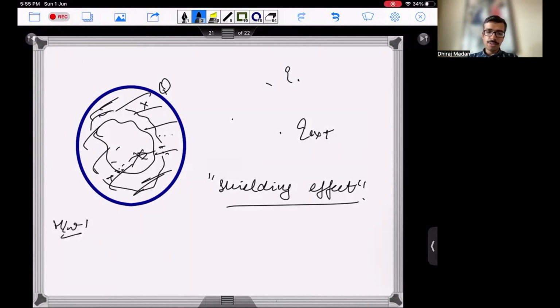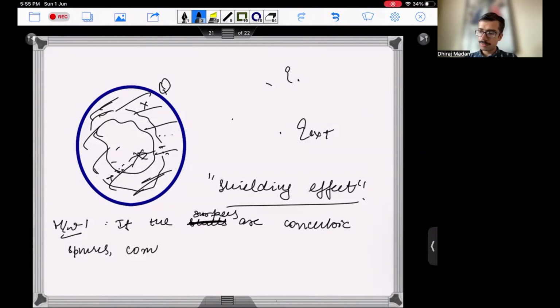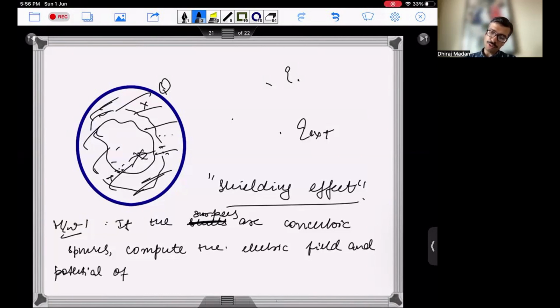Homework 1: if the shells are concentric, that is, if the surfaces are concentric spheres, compute the electric field and potential of the above configuration.